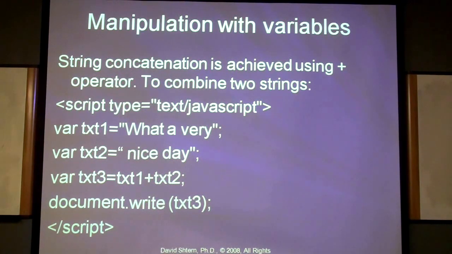That's it. So with manipulation of variables, definitely we can create a script which can create actually three variables. I can assign a value to variable 1 and variable 2, and then I use a plus operator to concatenate these two variables together as shown here. So in this case, the result string is not going to look like txt1 plus txt2, but something else.